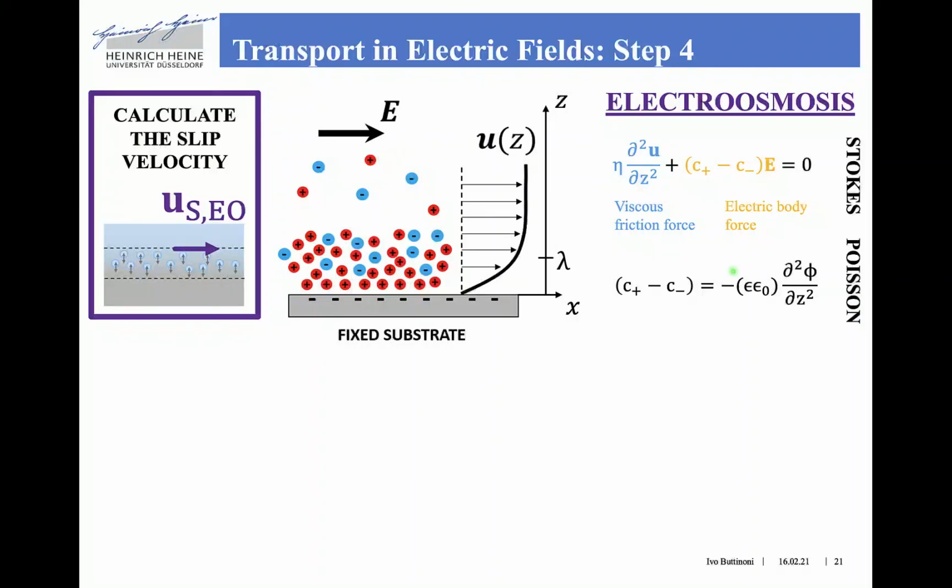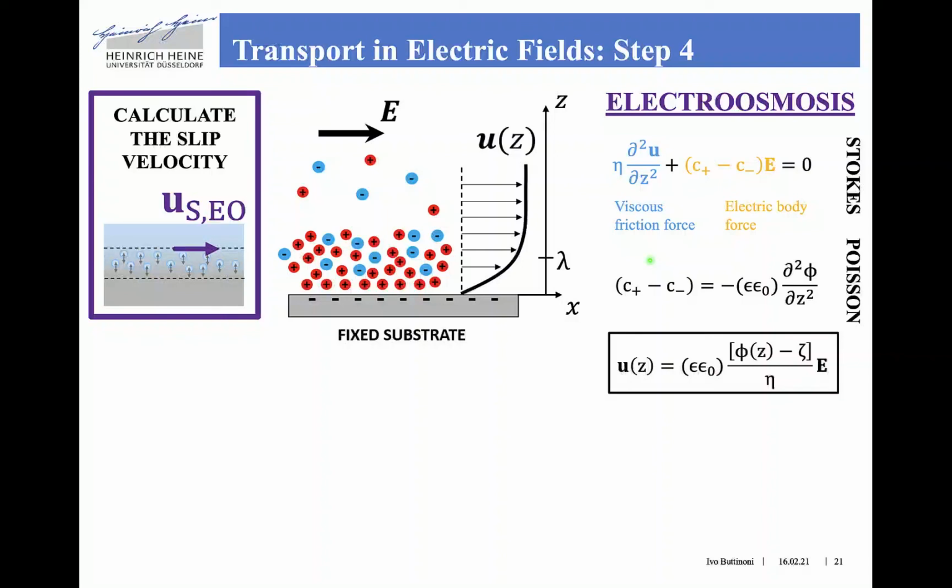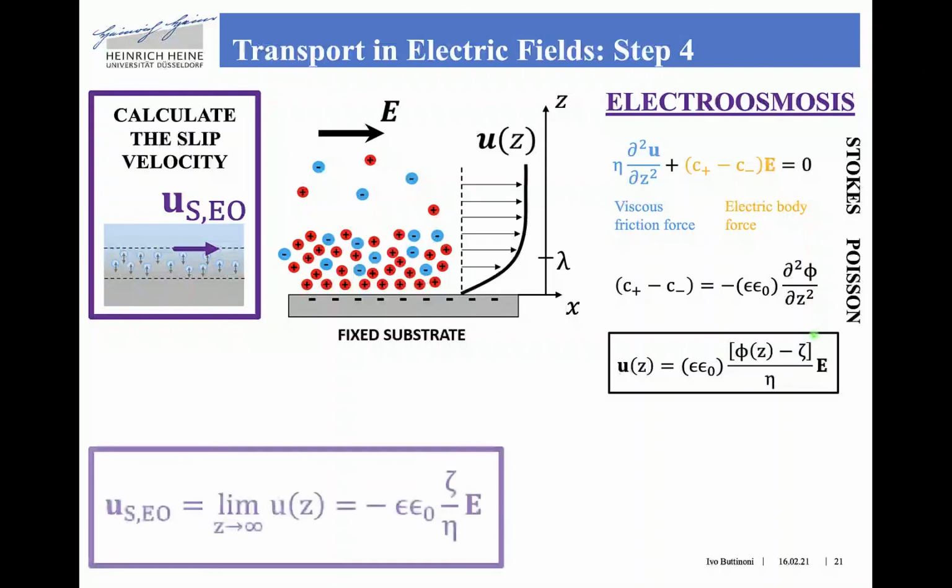So, in short, by combining these two equations and integrating twice, we are able to obtain the velocity profile, which looks like this, where this zeta is an integration constant. Finally, our slip velocity is defined at the outer bound of the interfacial layer.